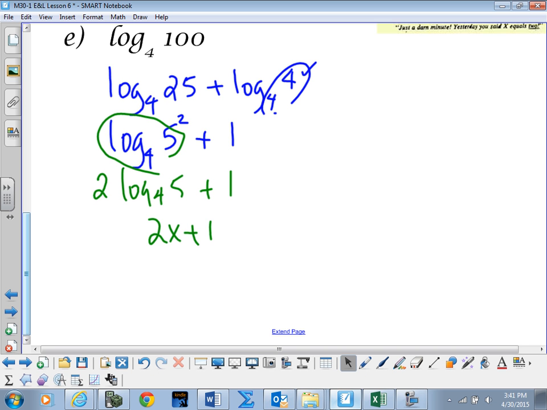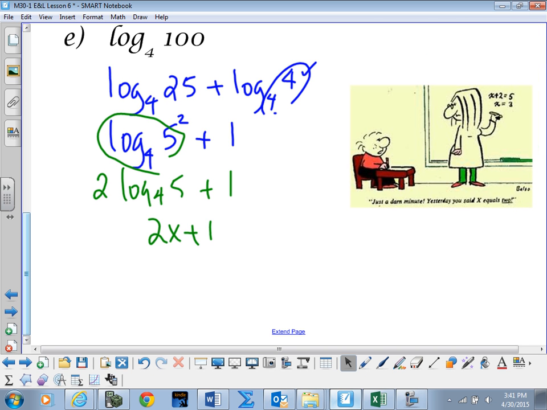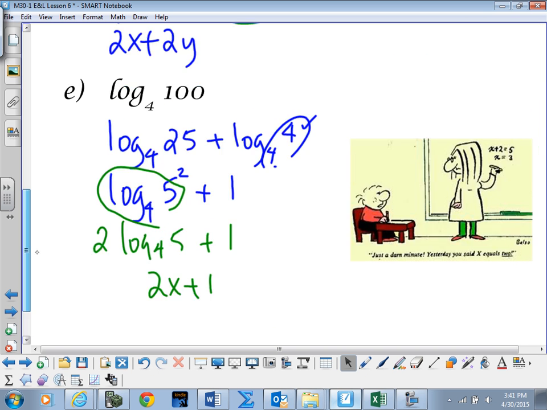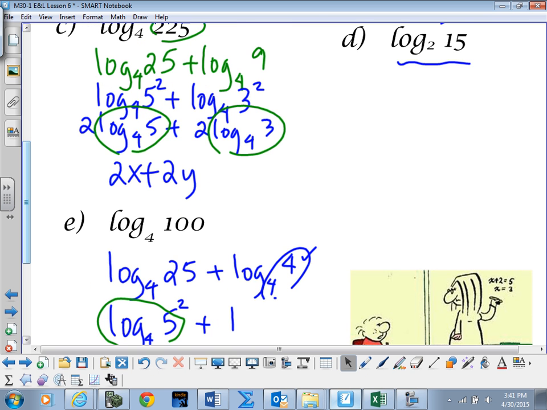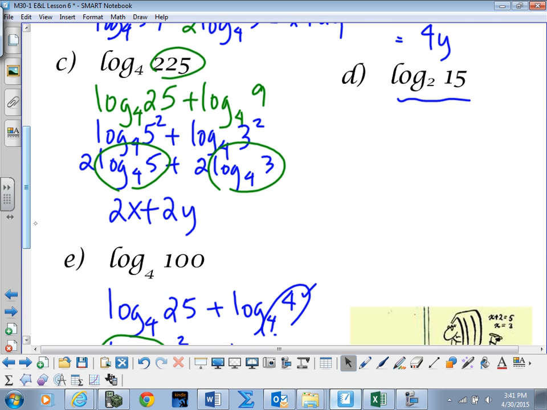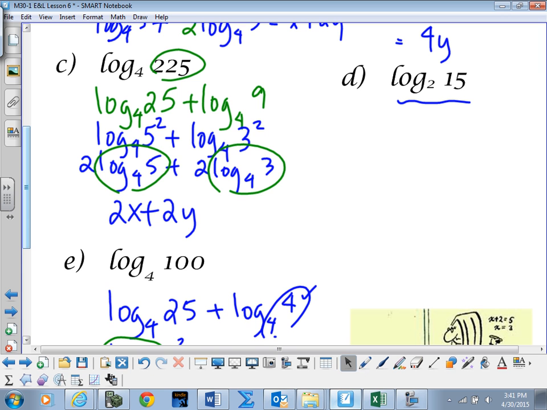All right, let's look at that last one. I'm going to move this down because I think we're going to need a little bit of space for this one. Log base 2 of 15. Okay, the problem is that we have log base 4 of 3 and log base 4 of 5. So this is what our x value equals.